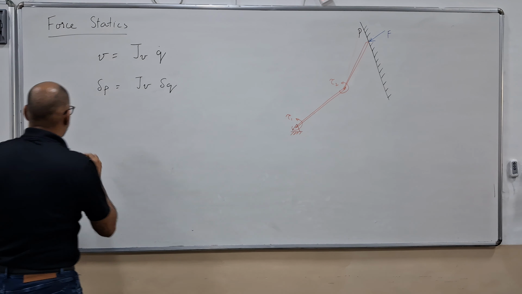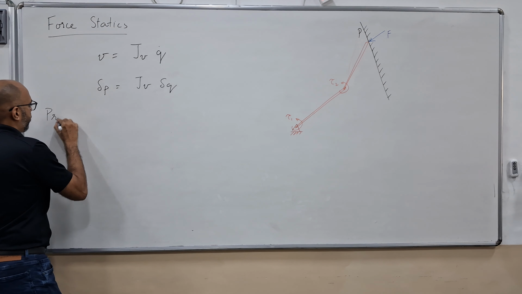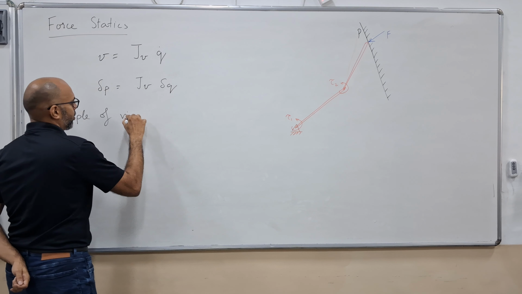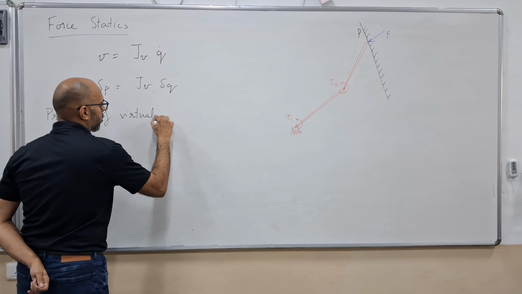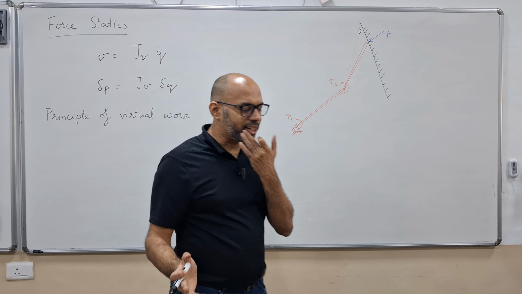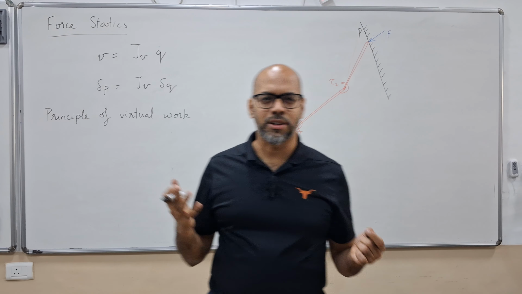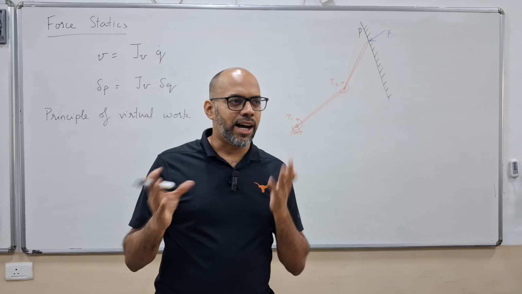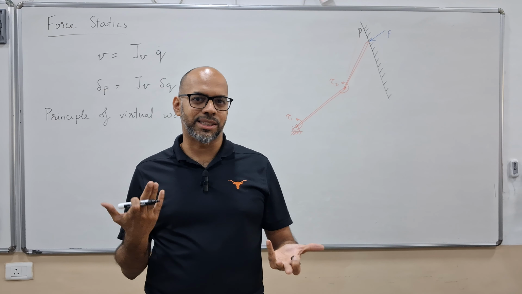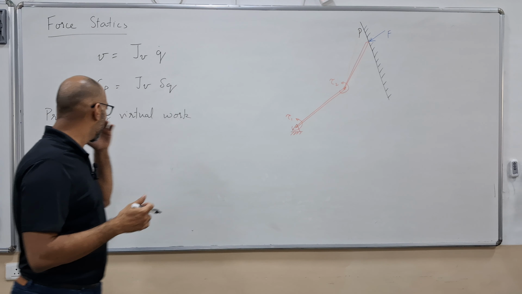I can further then apply the principle of virtual work. Some of you might have seen it already, and those of you who have seen it, I wouldn't be surprised if you are a little confused about it. I still sometimes get confused about the principle of virtual work.